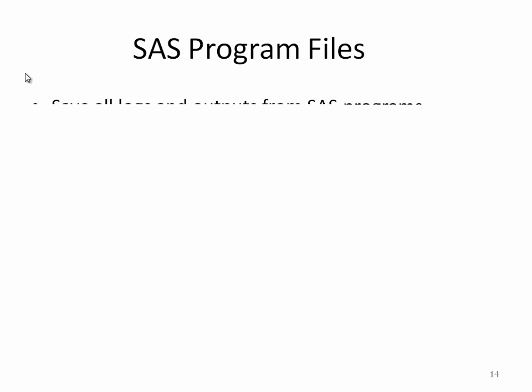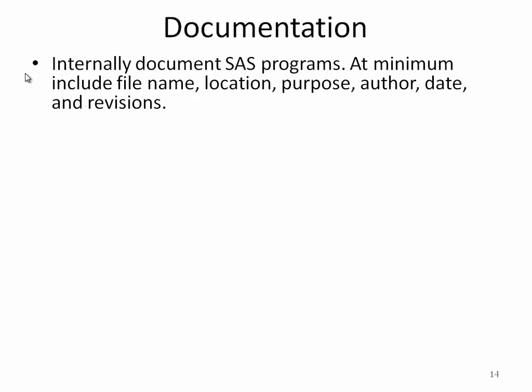So let's talk a little bit about documentation. As we said earlier, you want to internally document your SAS programs. At a minimum, you need to include a file name, location, purpose, author, date, and revisions. When we were looking at the program design language, we also had a header that included inputs and outputs.